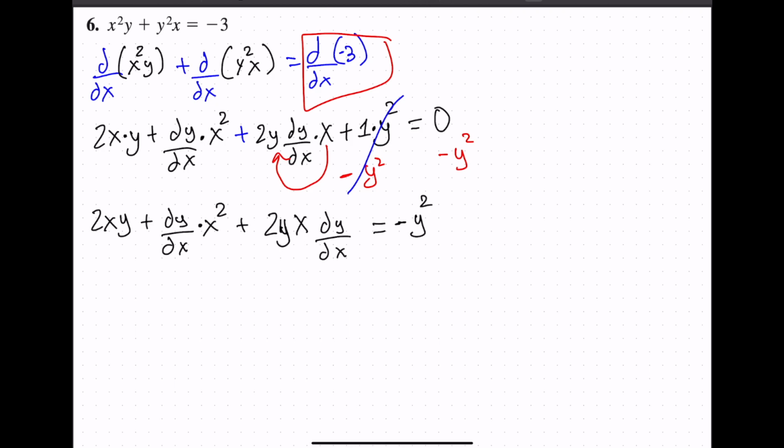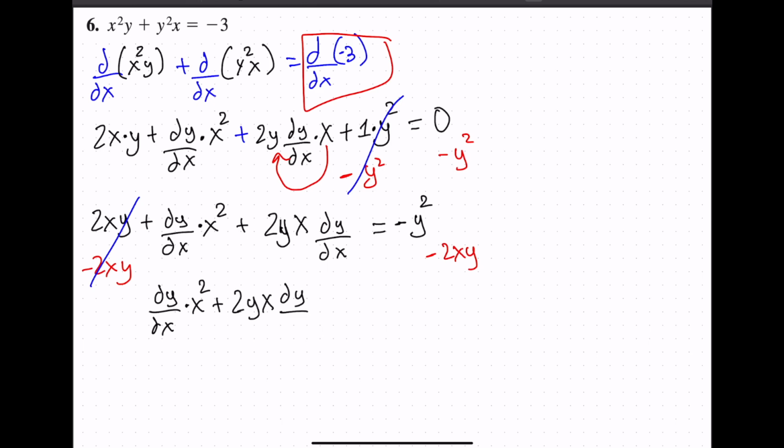I'm ready to move one more term, which is subtracting 2xy, subtracting 2xy. So in here it crosses out, and I have dy/dx times x squared plus 2yx dy/dx equal to -y squared minus 2xy.